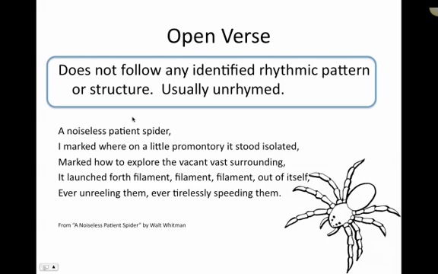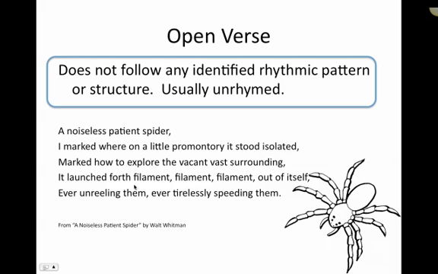So basically what he's saying here, there's a lot of big words in this poem, but basically, there's this patient spider. I saw where he was sitting on a little ledge. He was all alone. That's isolated. I watched him basically figuring out how to explore the surroundings around him.